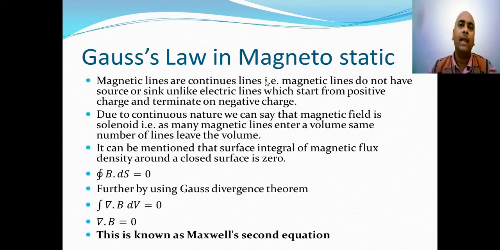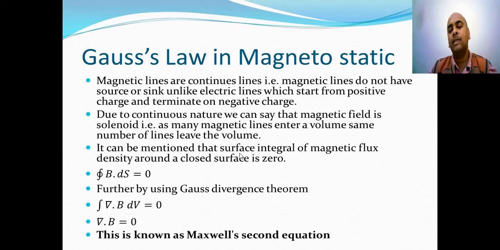So magnetic lines are basically continuous lines; they do not start or end at some point. Due to the continuous nature, we can say that the magnetic field is solenoidal. That is, as many magnetic lines enter a volume, the same number of lines leave the volume.